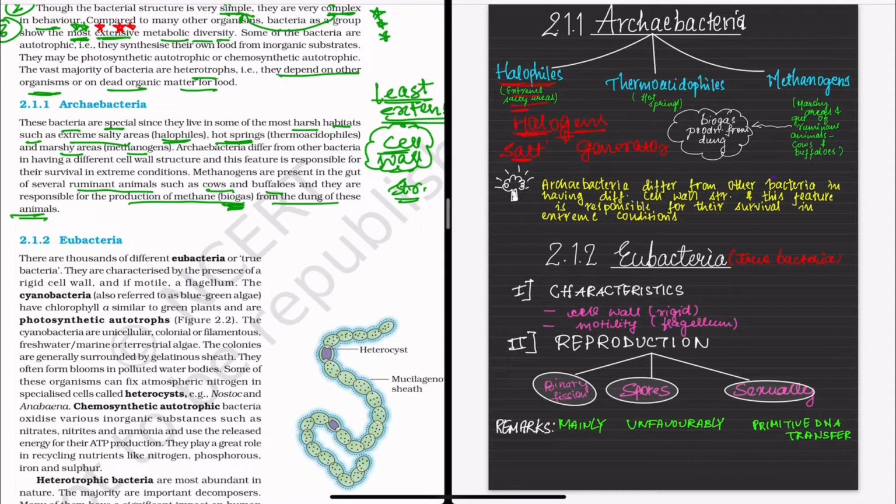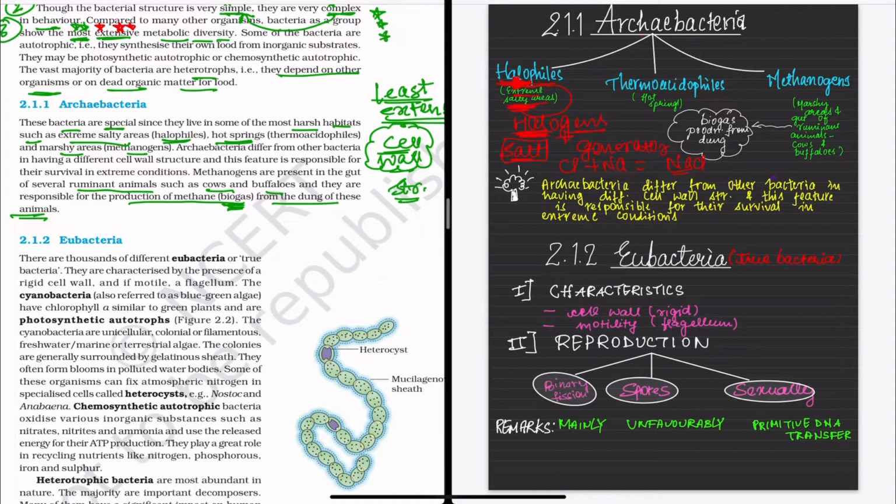What does chlorine do? When chlorine reacts with a metal, it produces a salt such as NaCl. I mention this fact only because we would like to connect salty with the halo part so that we can memorize it. Extreme salty areas: salt means halo. The word halogen comes from halo.